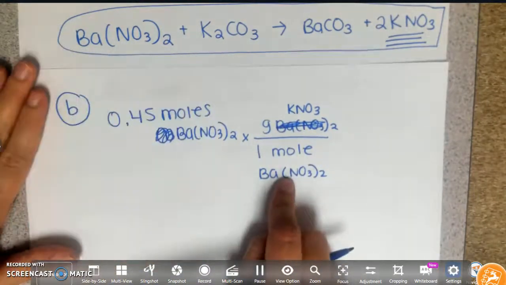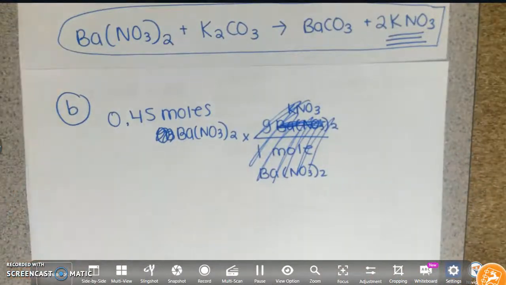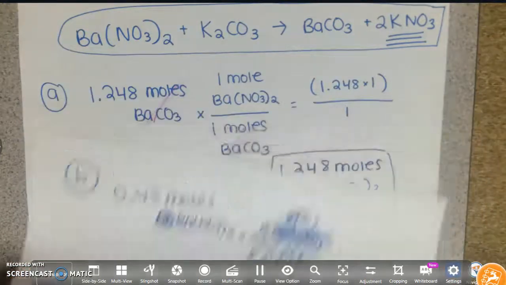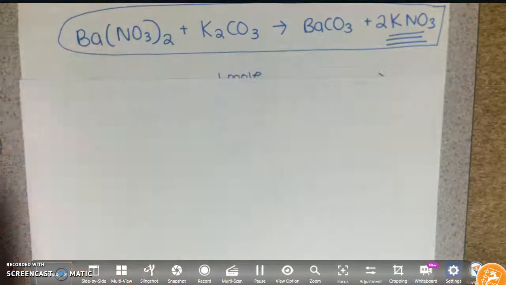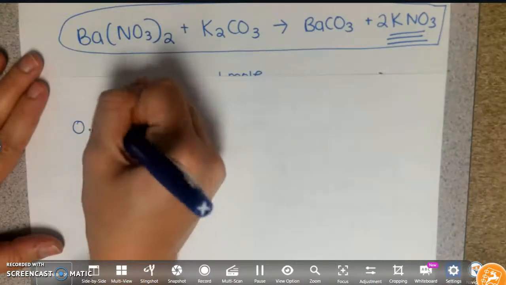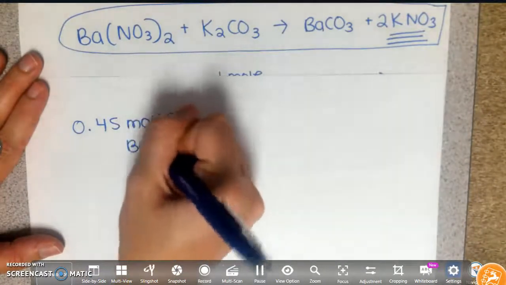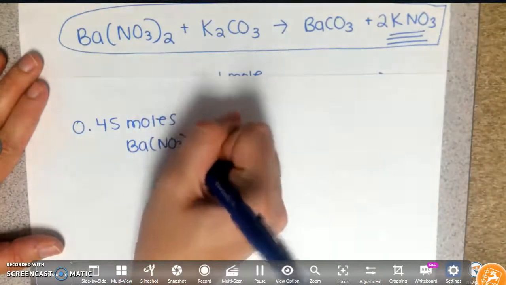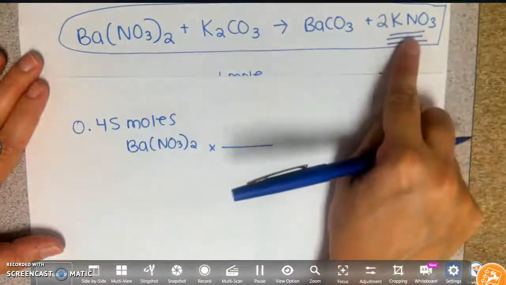And so we actually are not using this step first. We're going to use this step second. And so, let me flip. I'm going to rewrite that. We've got 0.45 moles of barium nitrate. And instead, we can't jump into the moles to grams unit because we need to go from barium nitrate to potassium nitrate.